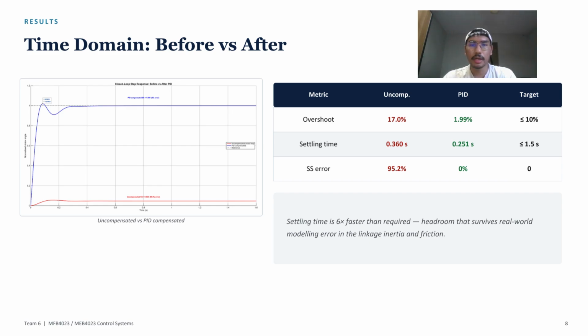Before the controller, we had 17% overshoot and a 95% steady state error. Completely unusable. After the PID, overshoot drops to just under 2%. Settling time is 0.251 seconds, which is 6 times faster than the 1.5 second requirement, and steady state error goes to exactly 0.